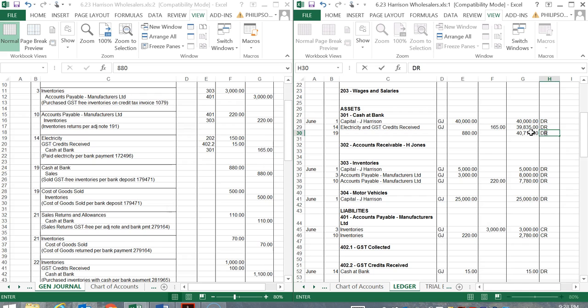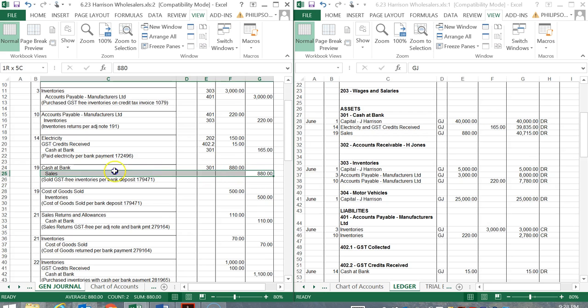We've increased our bank account. Particulars here, the other side of the journal entry is sales. Folio and folio 301.